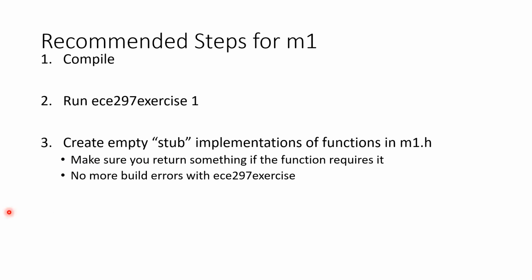Then go into your code and create empty functions for all functions in the m1.h header file. Make sure it compiles by returning something if the function asks for something to return. You don't need to write anything in them, just write empty functions and do it until there are no more build errors with the ECE297 exercise command.